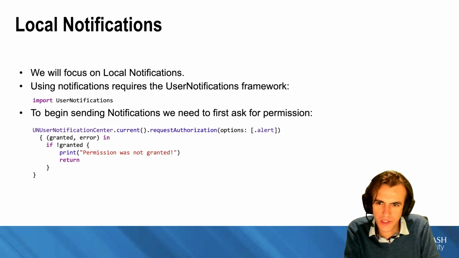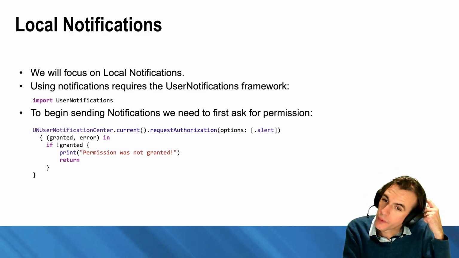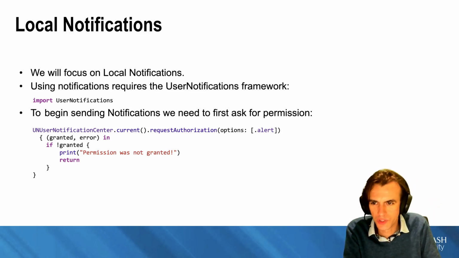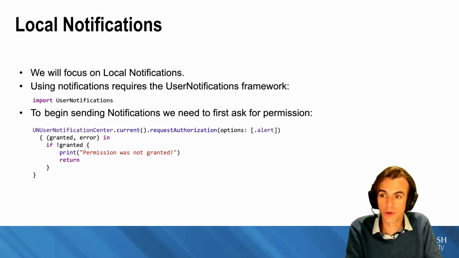User notification center, we ask it for the current center singleton, and we call the method request authorization. And in this case, we tell it what kind of notifications we're delivering, which could be alerts or banners or badges or sounds. And we pass it a completion handler, which tells us whether they grant permission and lets us know if there's any kind of error. So as per usual, we should deal with this in a graceful way.